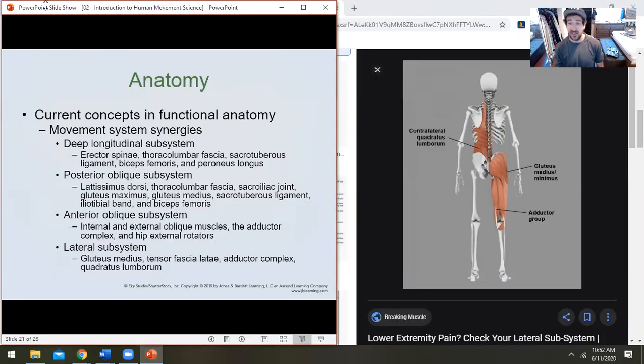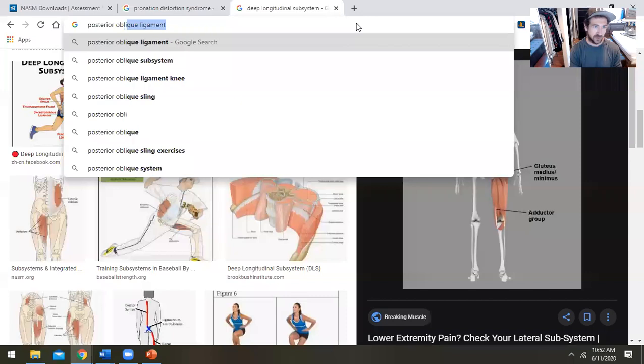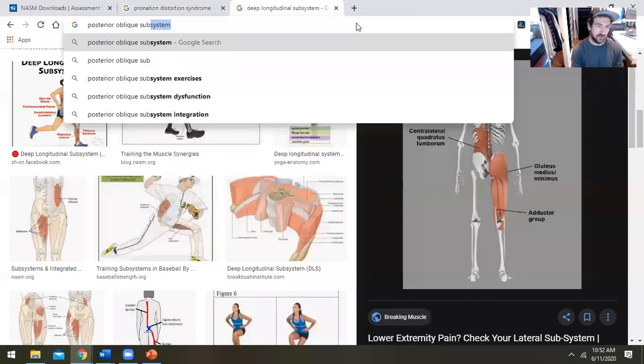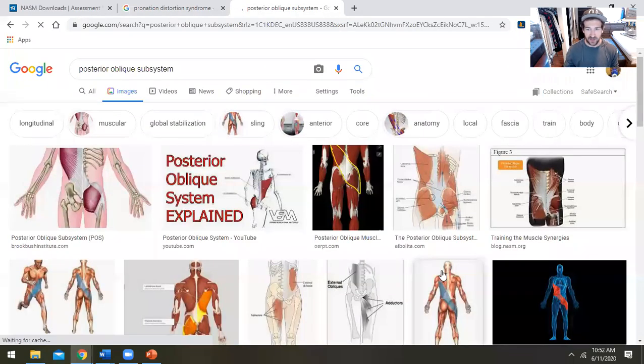You've also got your posterior oblique, or POS, system. And so when you're looking at that, this is also going to be moving across, but this one is much more off to the side. It is oblique, right? So it's more across the side of the body.